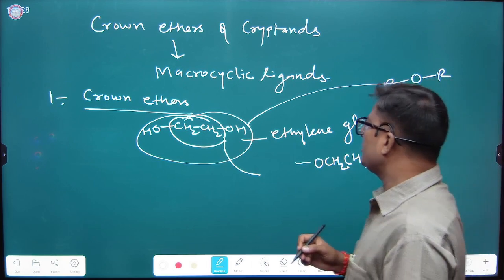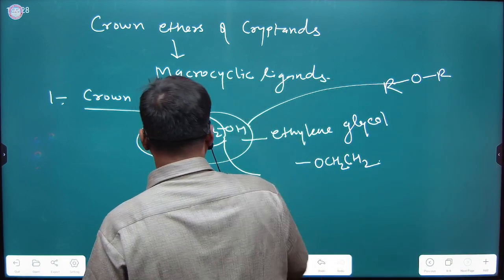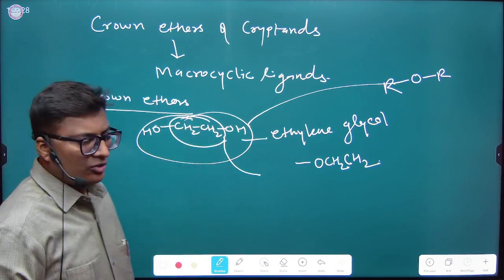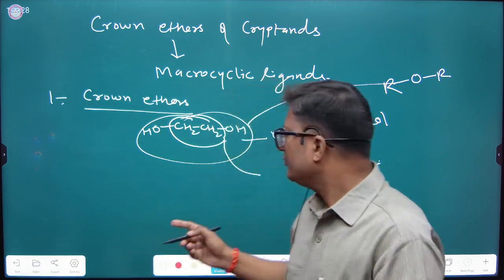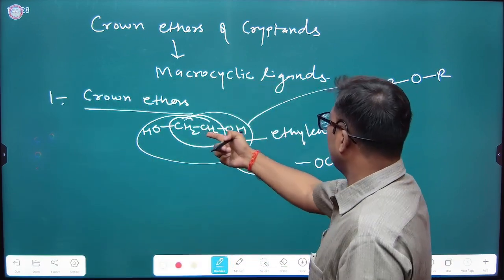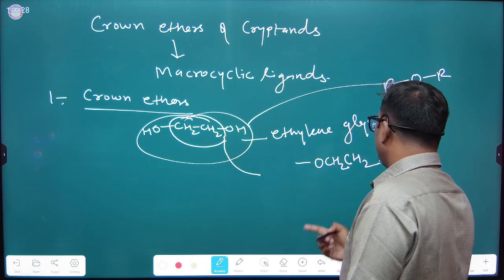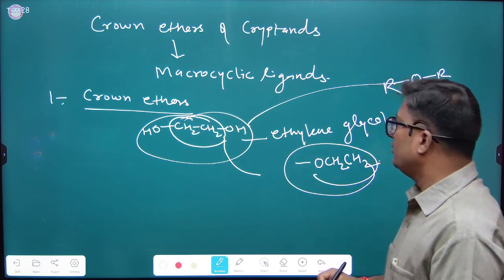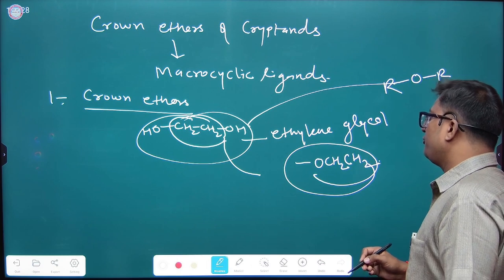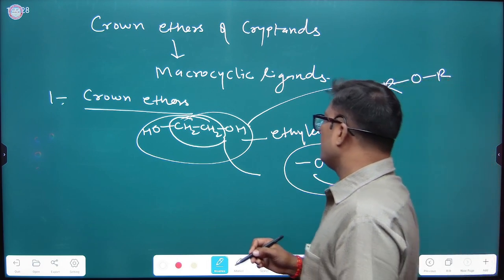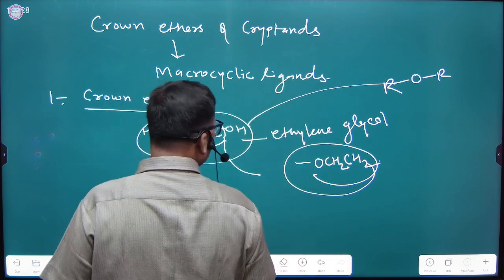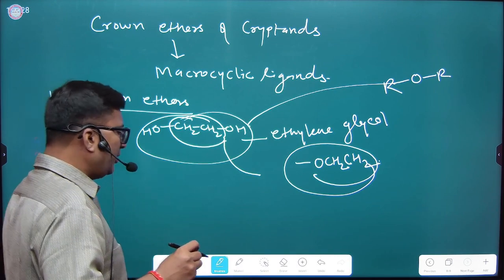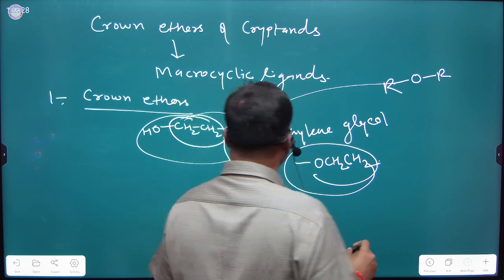So in the case of crown ether, since the name has ether group, it means ethylene oxide. Ethylene oxide results in the formation of crown ethers, right? If we draw the structure of a simple crown ether, then it will be more clear.